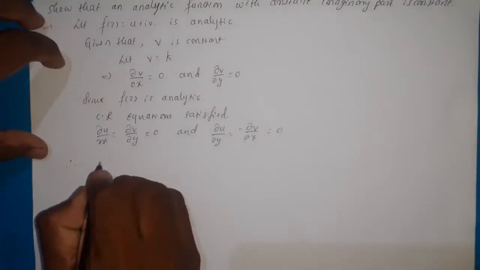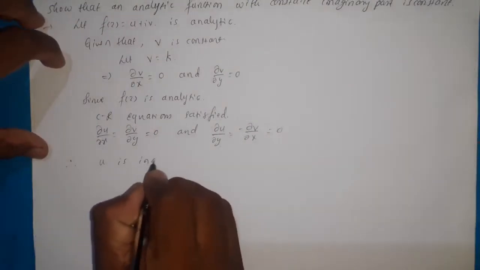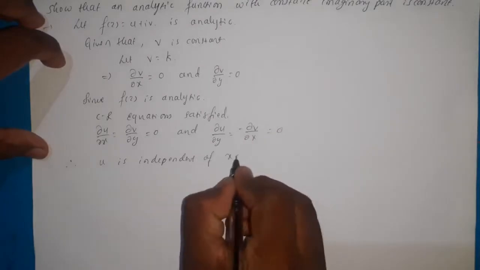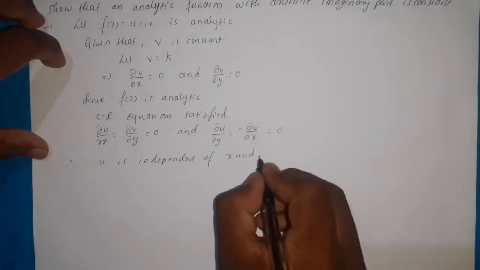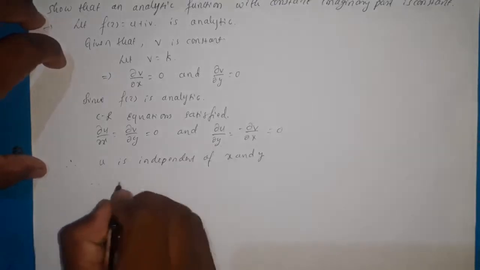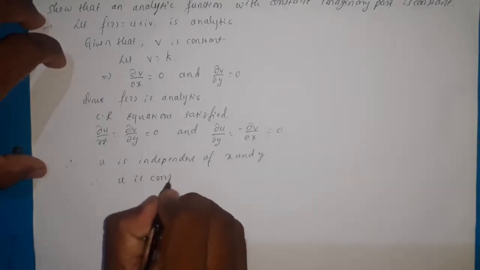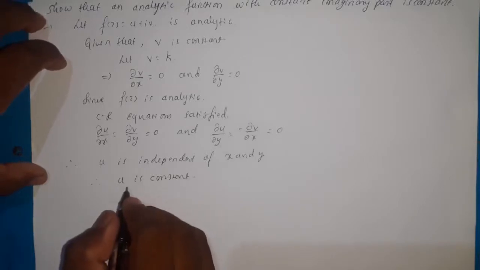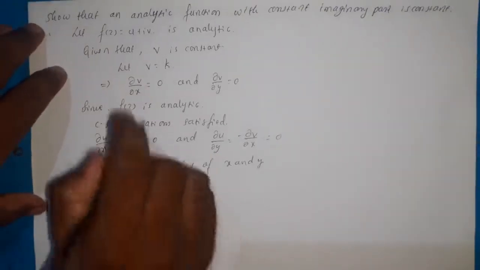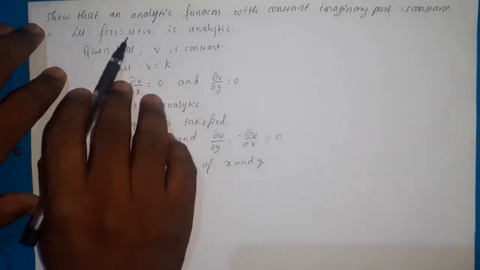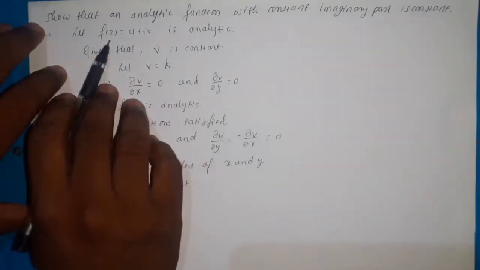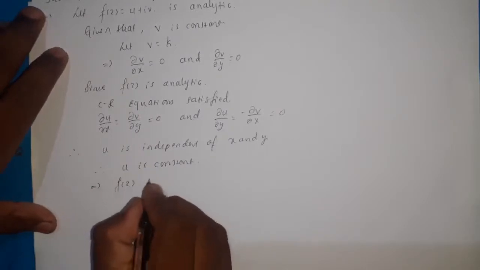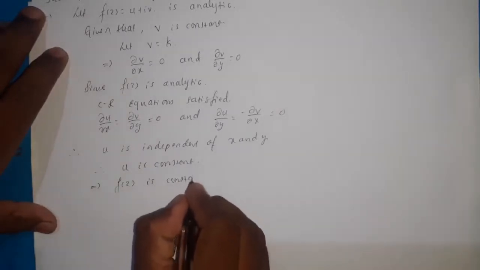So, therefore, here u is independent of x and y, therefore, u is constant and v is already a constant. So, in the function f of z equal to u plus iv, if both of them are constants, then f of z is also constant. So, it implies that f of z is constant.